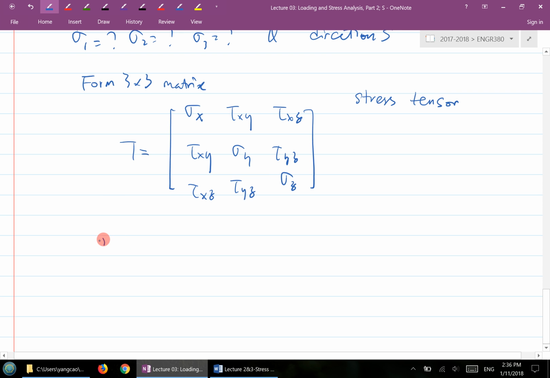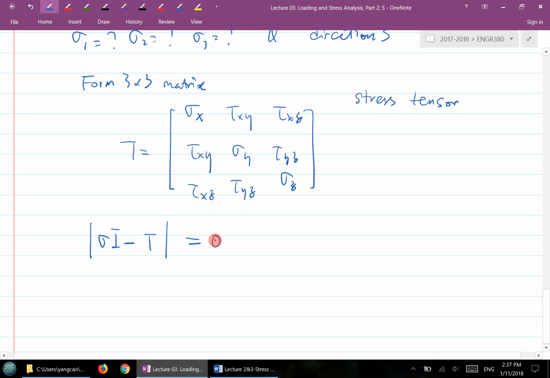If you try to solve for the eigenvalues, basically what you solve for is the roots of this matrix. You can write sigma times the 3x3 identity matrix minus this 3x3 matrix, set it equal to 0, and calculate the determinant.